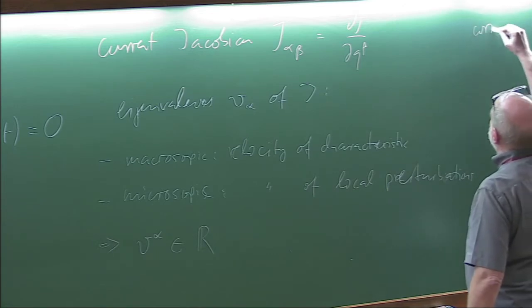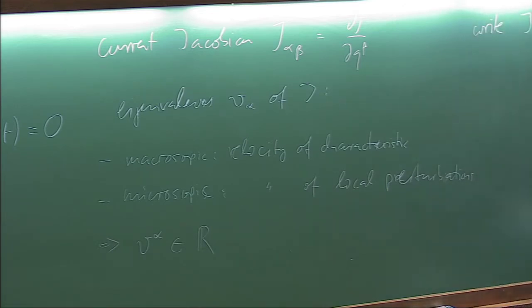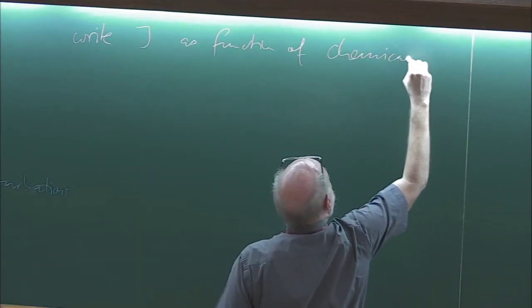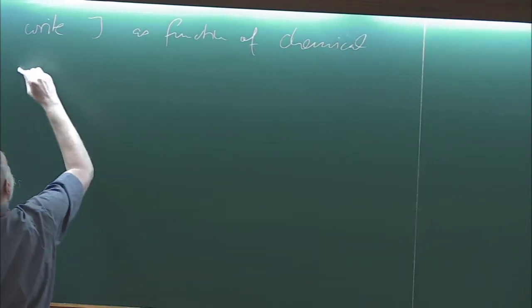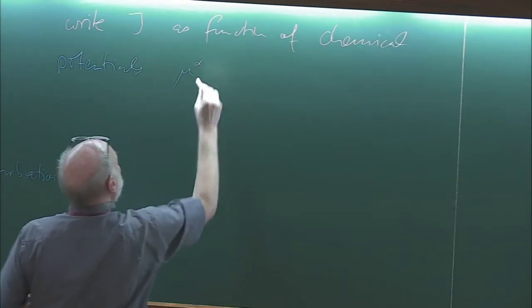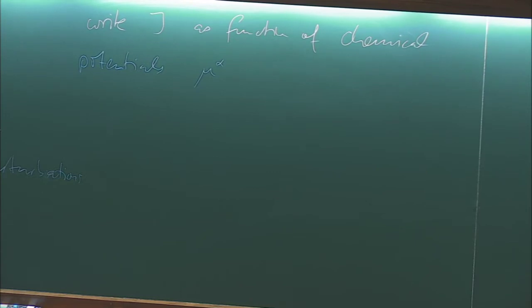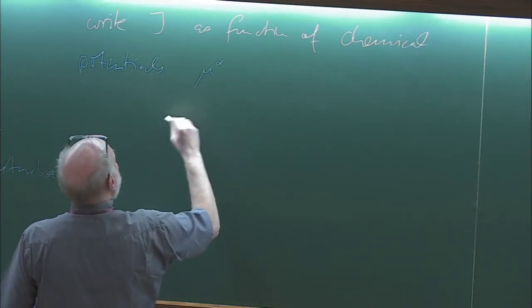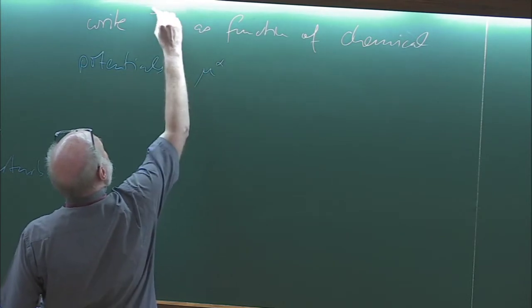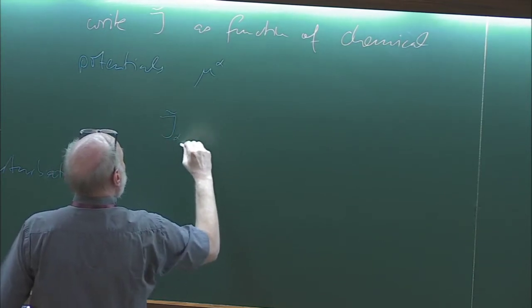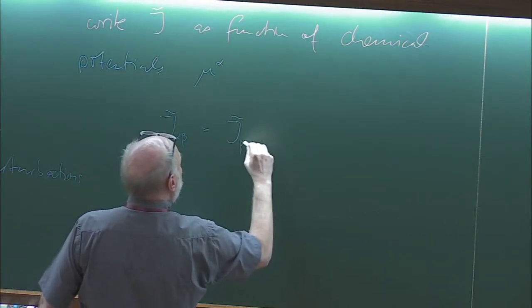Write J as a function of the generalized chemical potentials, mu alpha. These are the chemical potentials canonically conjugate to your conserved charges, so they are also functions of x and t, assuming local equilibrium. Let me call this J tilde as a function of mu. Then it turns out that J tilde alpha beta is equal to J tilde beta alpha.